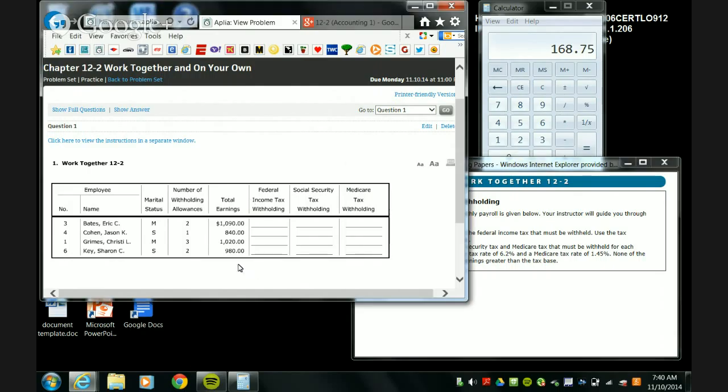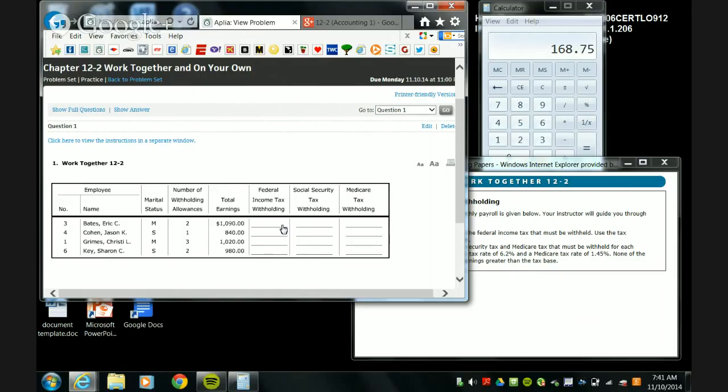So for this person, Eric Bates is filing as a married person. So we've got to go to 348 there. We've got to go find on the left-hand side where it says if wages are at least but less than. So we find $1,090, and that is between the 1080 and 1100.